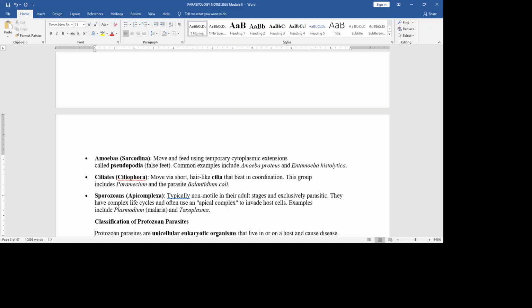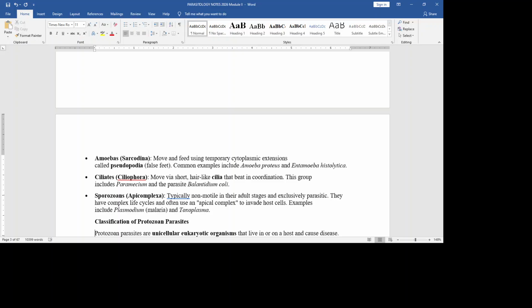The rest of the protozoans that remain do not possess any organs of locomotion, but are simply non-motile in the adult stages, and they are exclusively parasites, and they are obligate intracellular parasites.